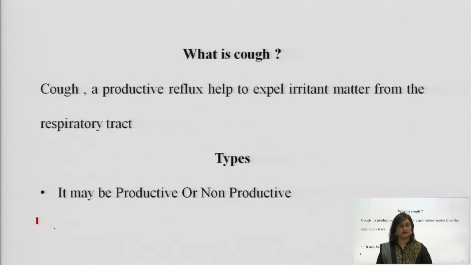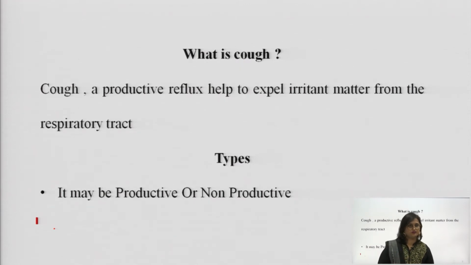Before understanding what is an expectorant, it is important for us to know what is cough. Because expectorant is a medication which induces cough or which helps in removing certain substances from our body with the help of cough. So what is cough first of all? Well, cough is a productive reflex which helps to expel irritant matter from the respiratory tract.